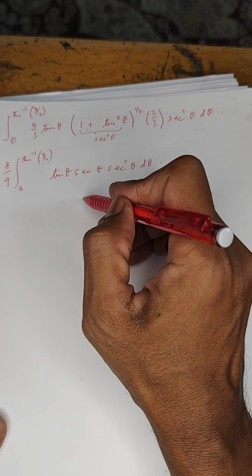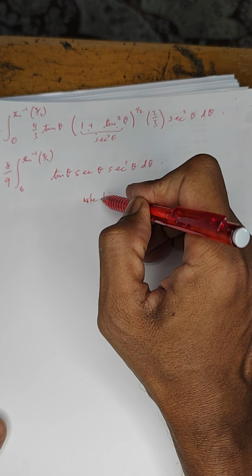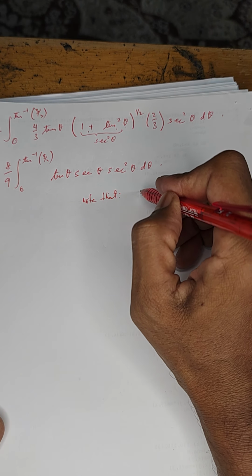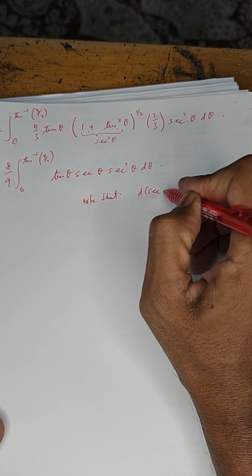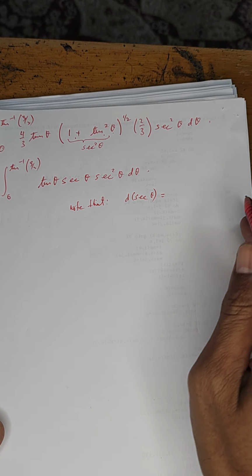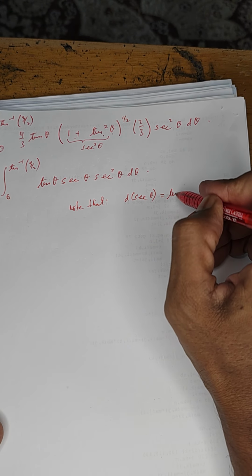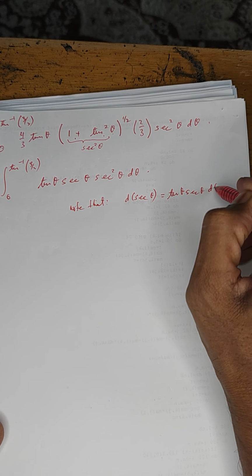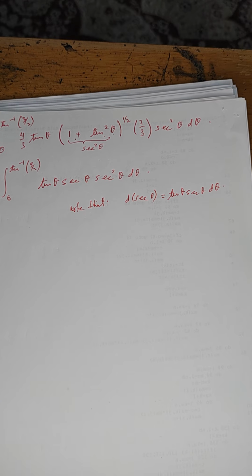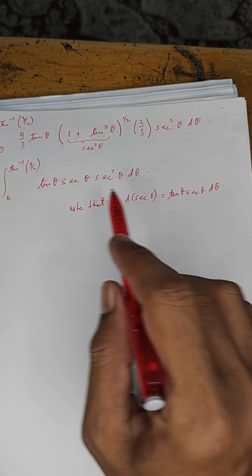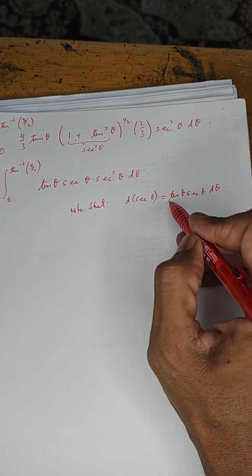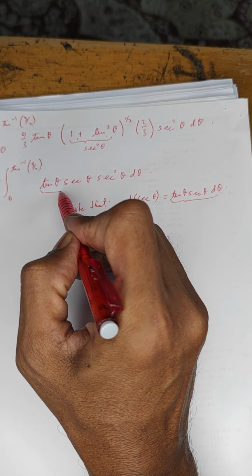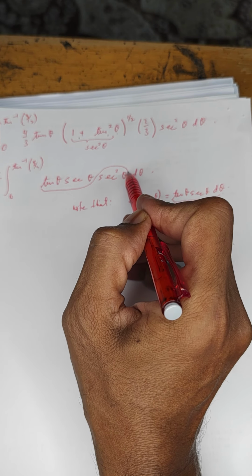And note that d secant theta is tangent theta secant theta d theta. So you can observe that inside here, we have tangent theta secant theta d theta.